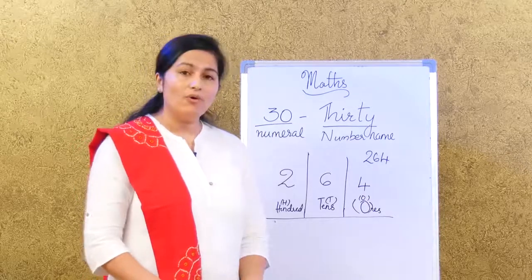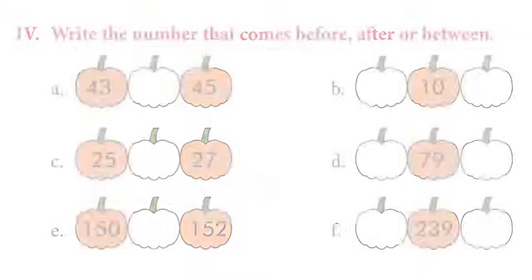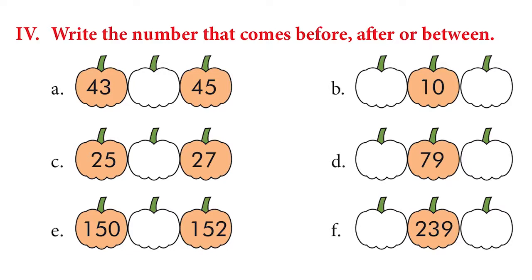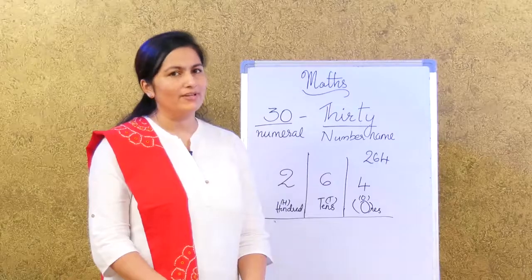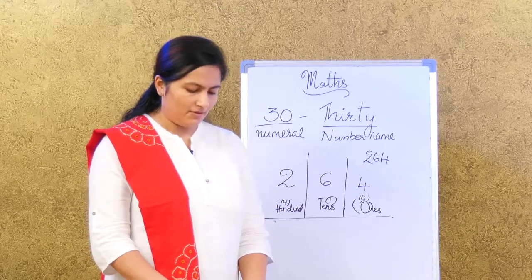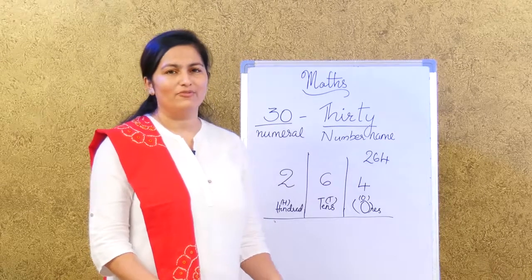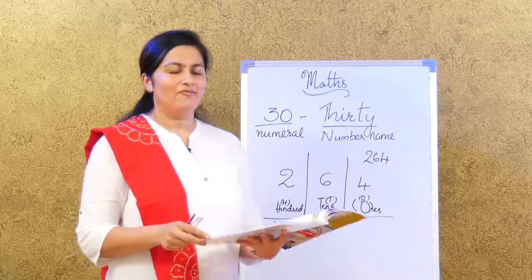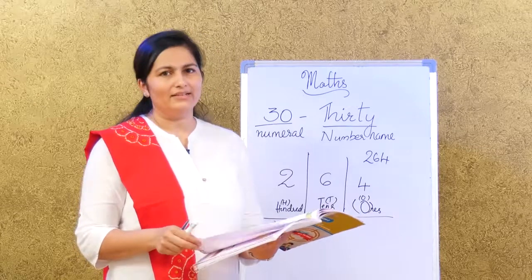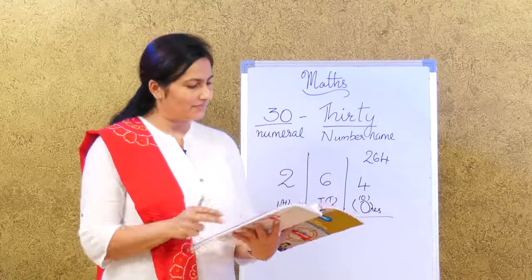Alright, let's move on to page number 43, last exercise. Again, it is to remind you about the numbers, what comes before and what comes after. So, after 43 comes 44 and then 45. In a similar manner, fill the rest of the blanks.